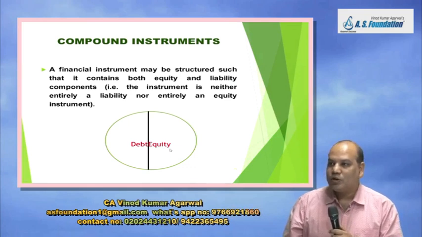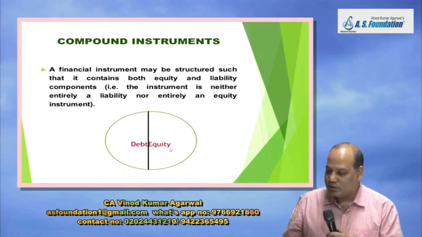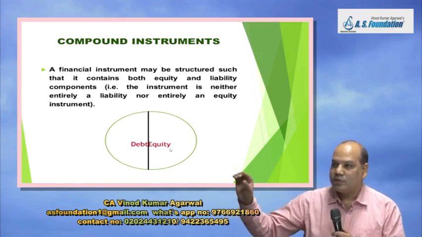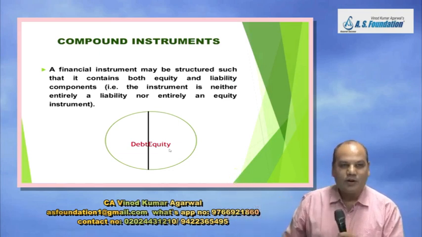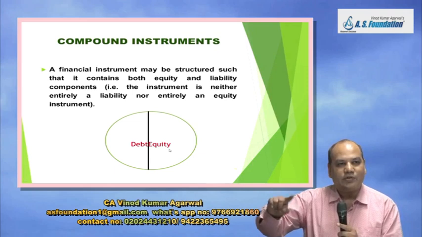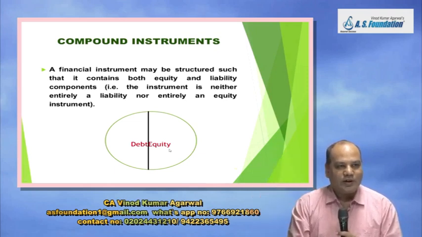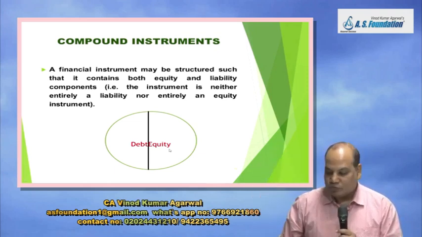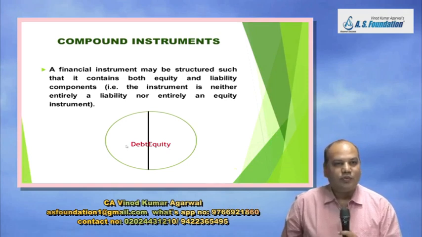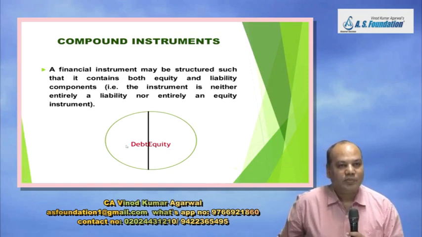Equity instruments are not subsequently remeasured. Whatever is the value of equity we identify will remain as it is till the instrument is either redeemed or converted. But the debt portion accounting will depend on whether it is an FVTPL or amortized cost instrument.